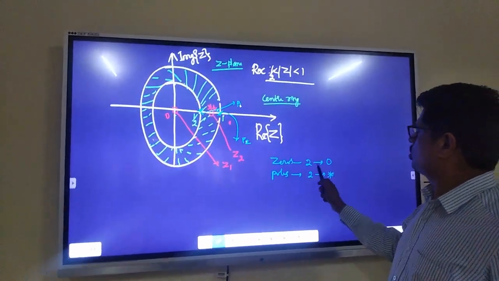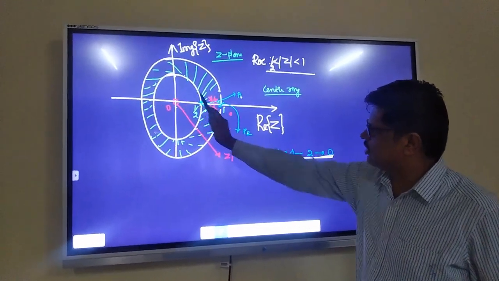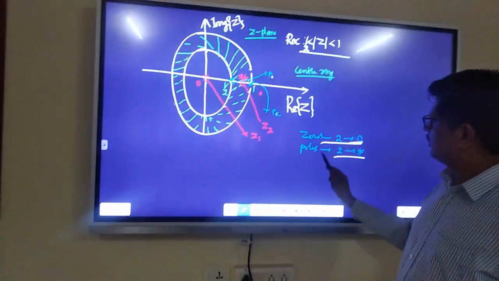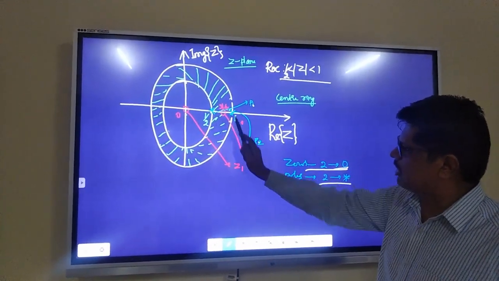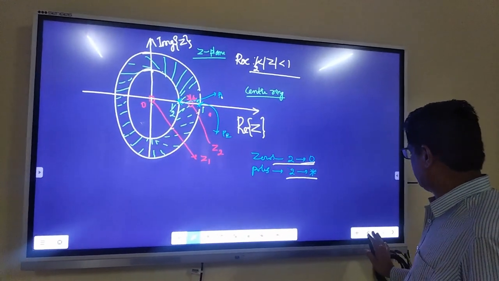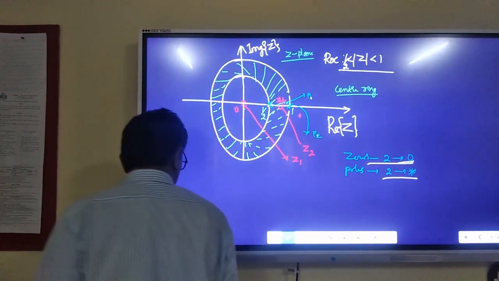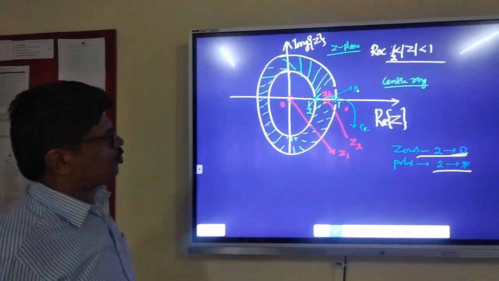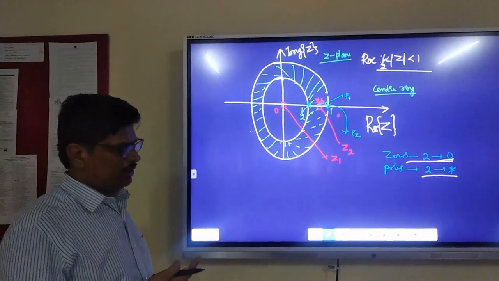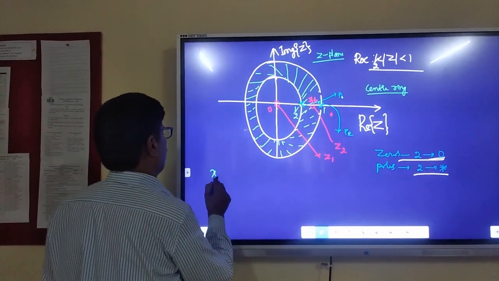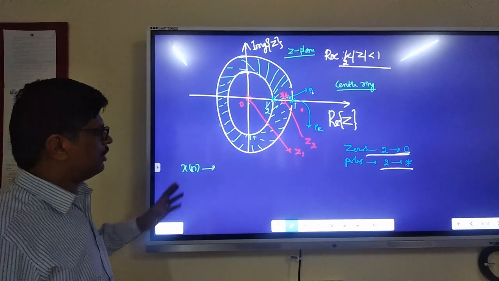This way you will get totally 2 zeros and 2 poles. Zeros are indicated by circles at 0 and at 3 by 4. Then poles are indicated by stars, P1 and P2, and exist at 1 by 2 and at 1. This way we can use the Z transform to determine poles and zeros, and we can analyze discrete time signals x of n better compared to any other transforms.